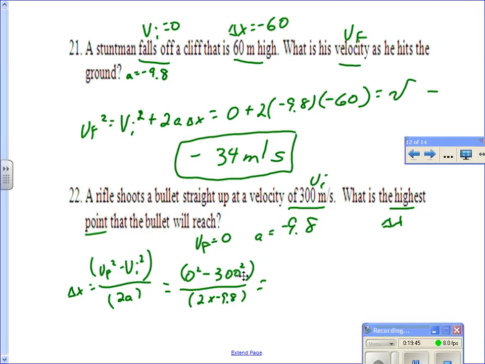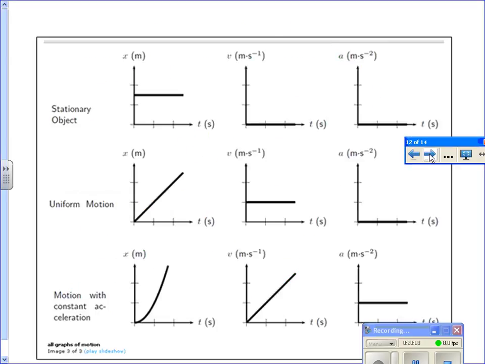And that answer is 4,592 meters. So if you shoot a bullet straight up from a rifle, it will almost go a mile up in the air. Or let's see, 1,500 meters is close to a mile. So that's about 3 miles up in the air.